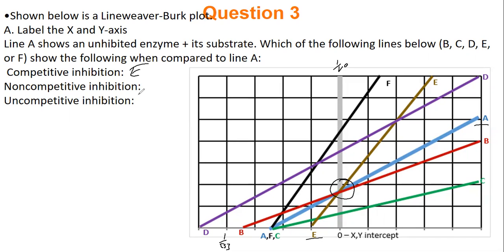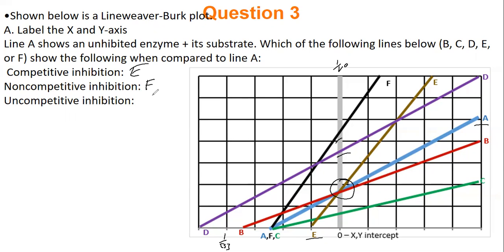So if my number gets lower, I go further away from 0, right? So I have two choices here, D and F, right? Now in non-competitive as well, Km can go higher, lower, or remain unchanged. We don't know. But what will always happen is that the lines will cross. So D does not cross A, so that's not it. So it has to be F.